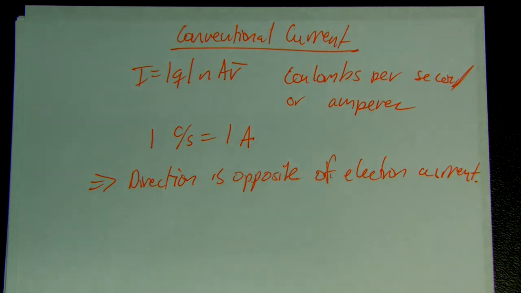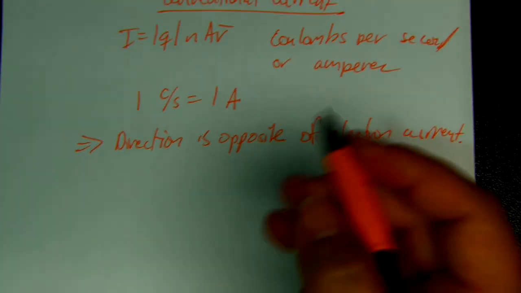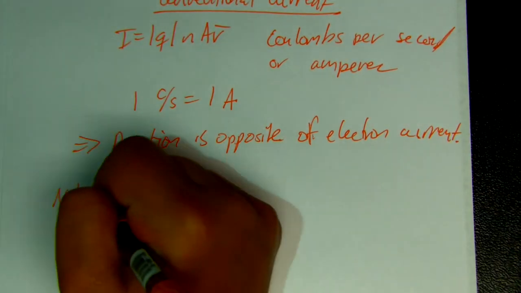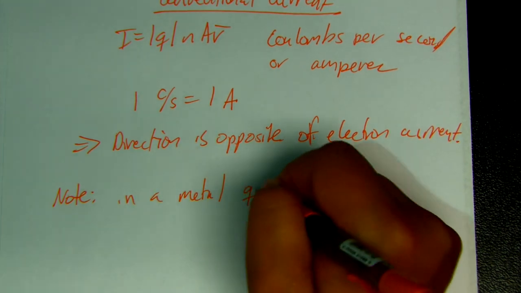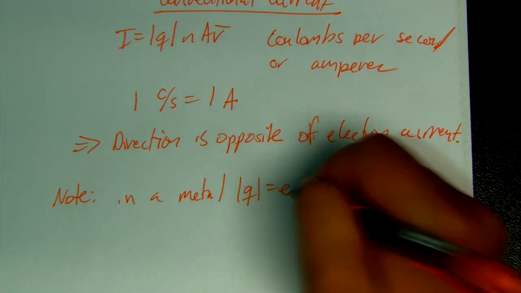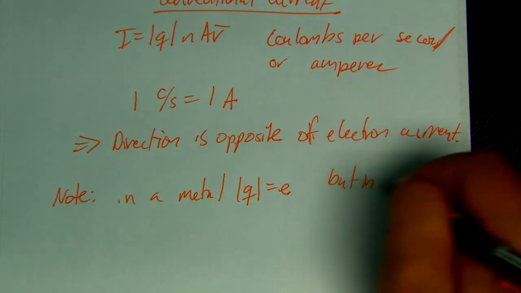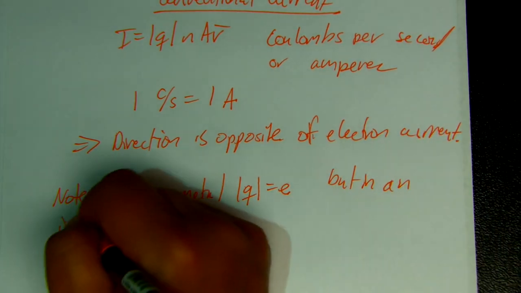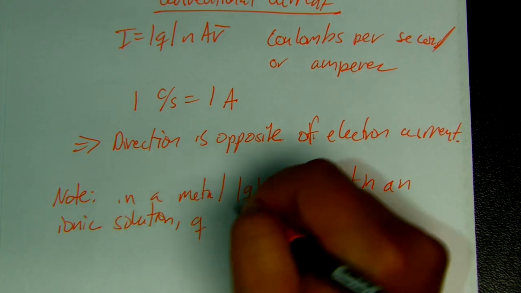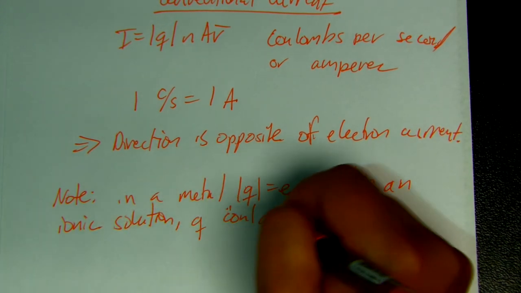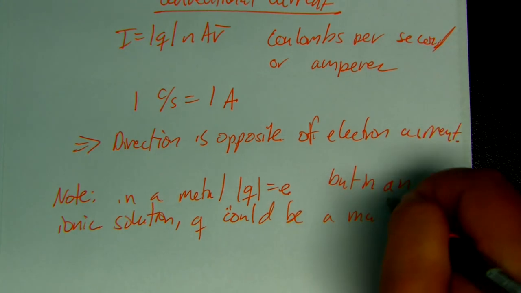And one thing to note, in a metal, Q is equal to E, but in an ionic solution, Q could be a multiple of E.